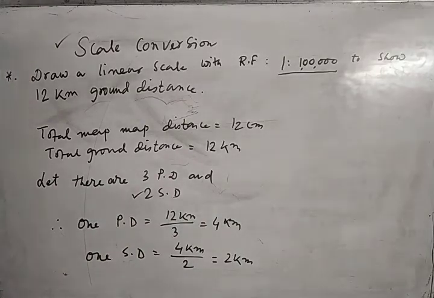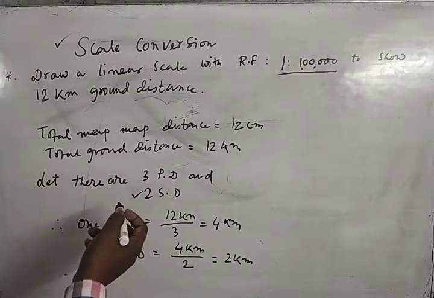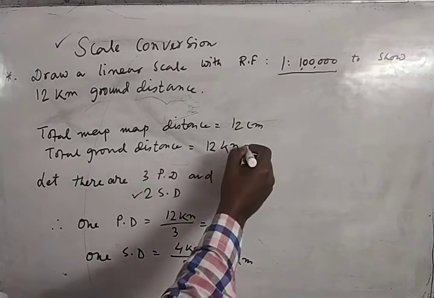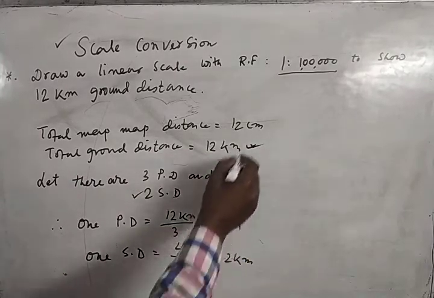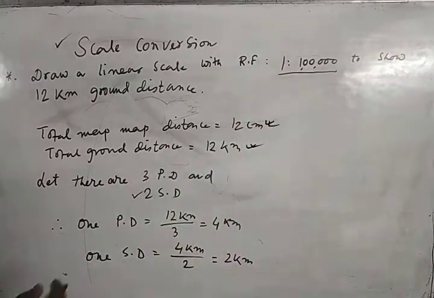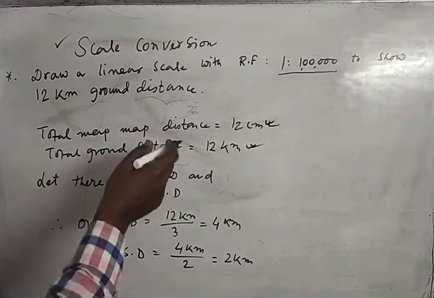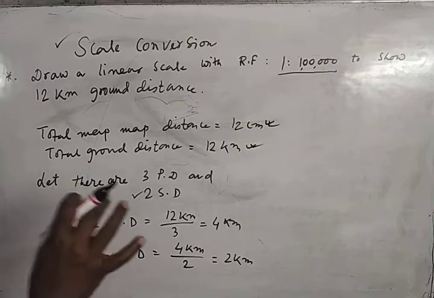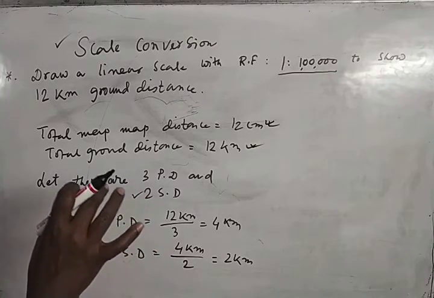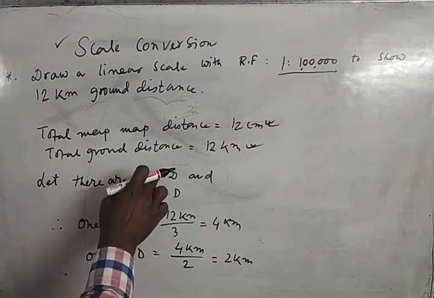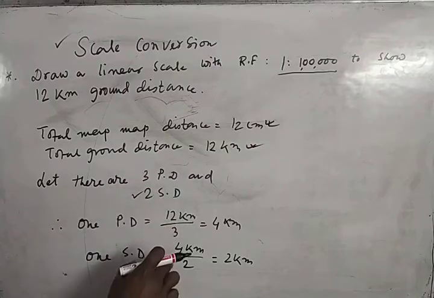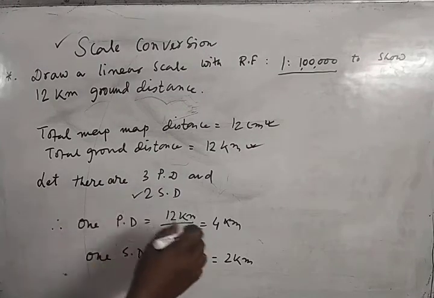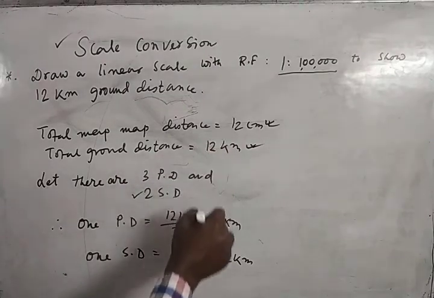Many students sometimes ask why that ground distance is divided, not the map distance. Because on the linear scale, we have to divide the primary and secondary divisions accordingly, but we have to write the value of ground distance, not the map distance.